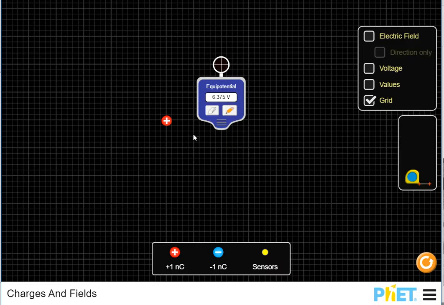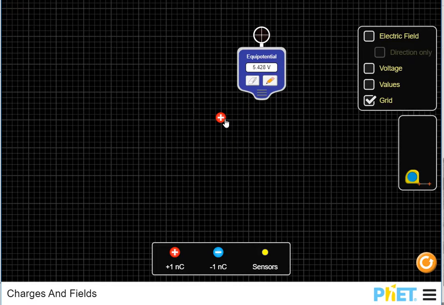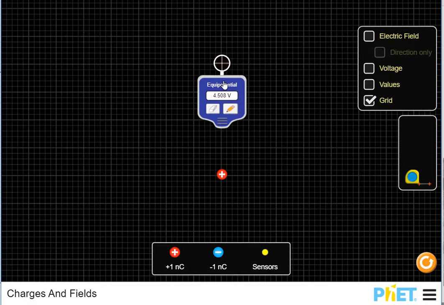Okay. Now I'm going to move this charge. Sorry, let me set that up again. So 6.375 was around there, right? Now I'm going to put a charge right there. And right now the voltage says 4.524 volts.